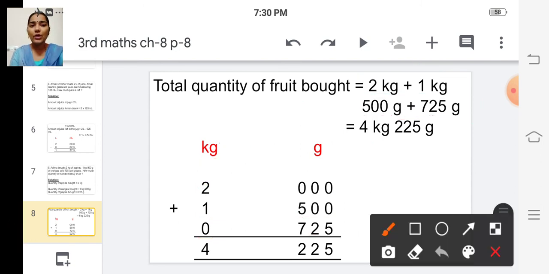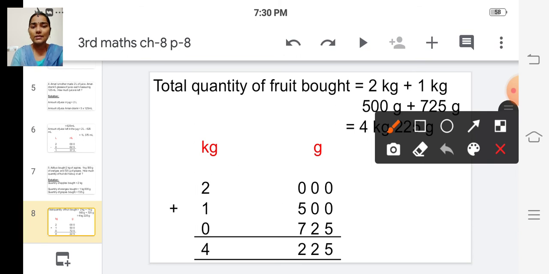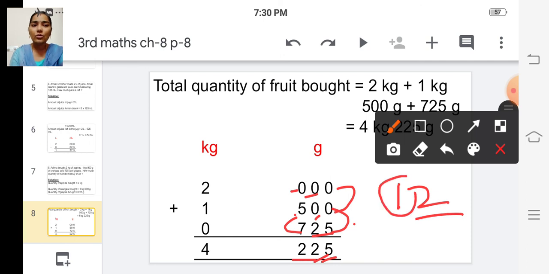Now we are going to add these three quantities, starting from the right hand side. 0 plus 0 is 0 and 0 plus 5 is 5. Next, 0 plus 0 is 0 and 0 plus 2 is 2. Next, 0 plus 5 is 5 and 5 plus 7 is 12. So 12 is a 2-digit number, so write 2 in the answer and carry over 1 to the next place.